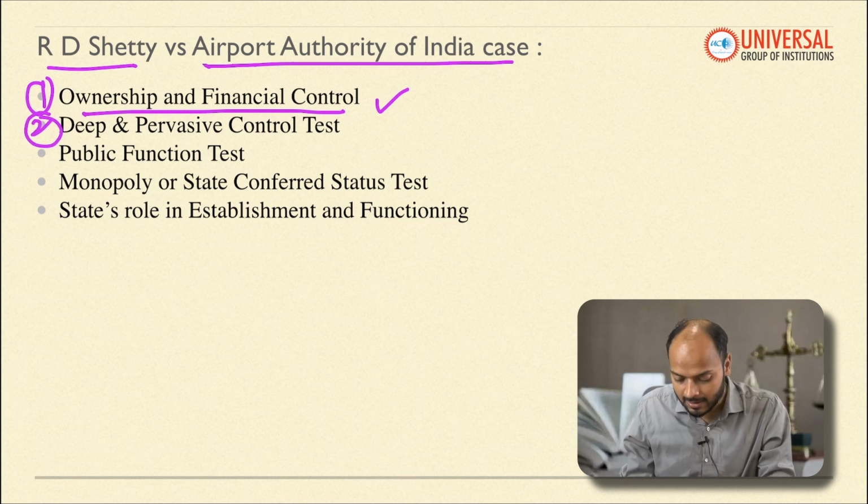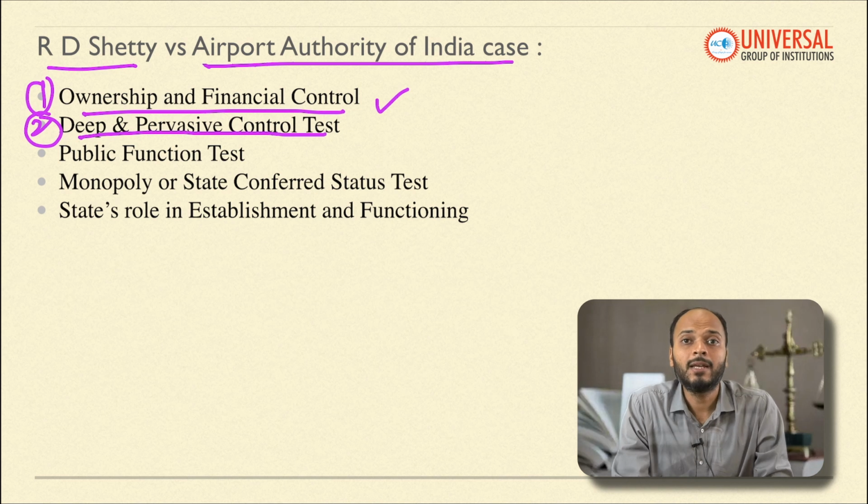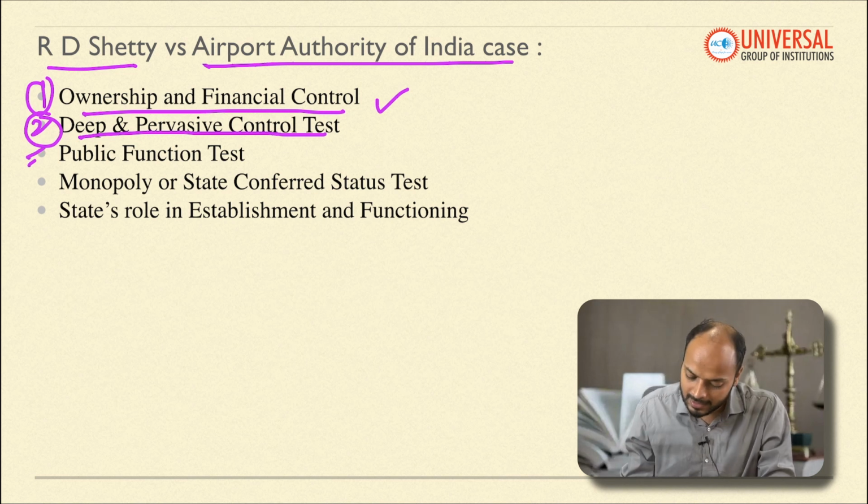The second test is the deep and pervasive control test, meaning if in the decision making of such an authority the state has a significant role to play, then also you will consider such an authority under the definition of state under Article 12. Then the third test is the public function test.